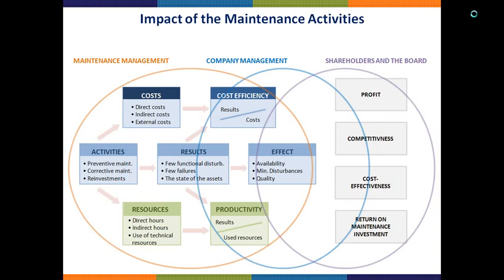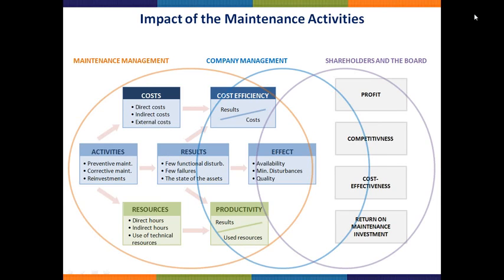So while we were talking about the impact of maintenance activities, obviously it's all related to cost efficiencies, and there is a direct relationship between activities and the results. On one hand, in this example, we are looking at the cost and resources, productivity.